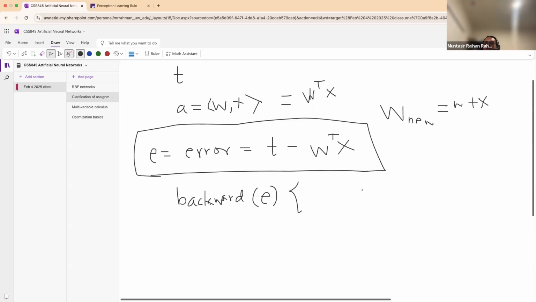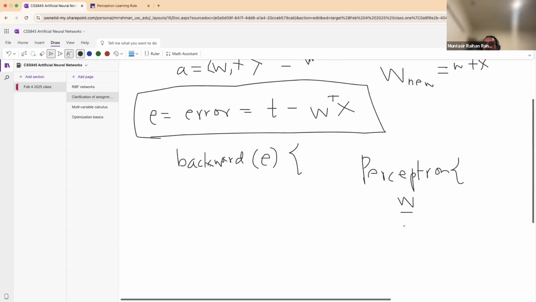I would think you would have a perceptron class, and the perceptron class would have a state of your weight vector, and then a forward function that takes as input a vector, and then a backward function.